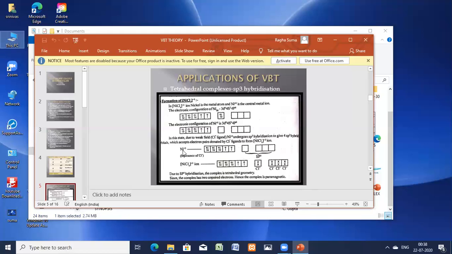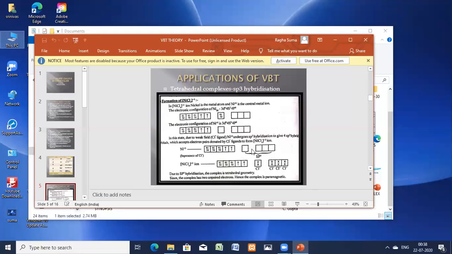For this nickel +2 ion, this is the configuration. Now, in the presence of ligands, the chlorides are coming nearer to the central metal atom. So it will undergo hybridization before the chloride ions approach the central metal ion. Its atomic orbitals will undergo hybridization to give hybrid orbitals of same number and same energy.